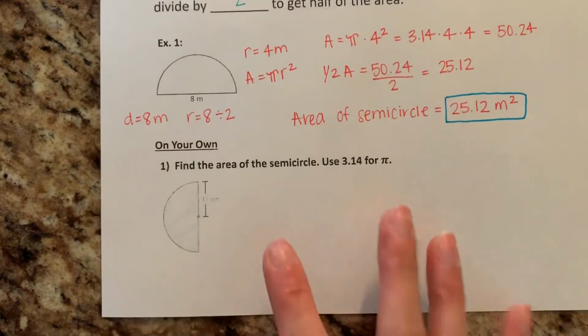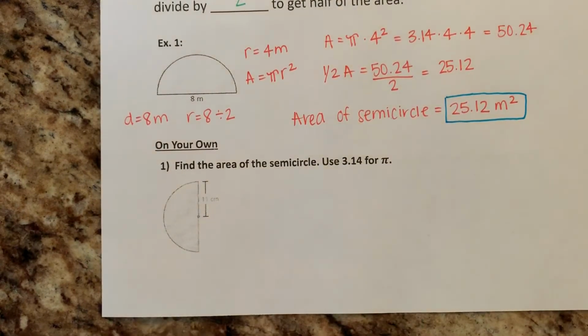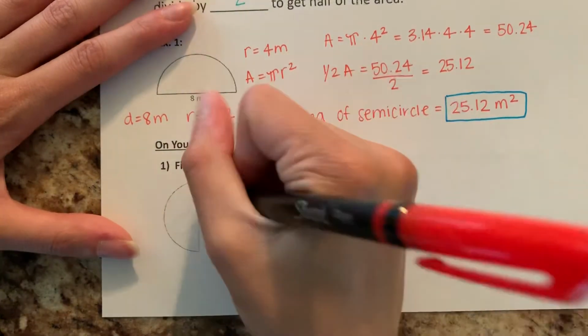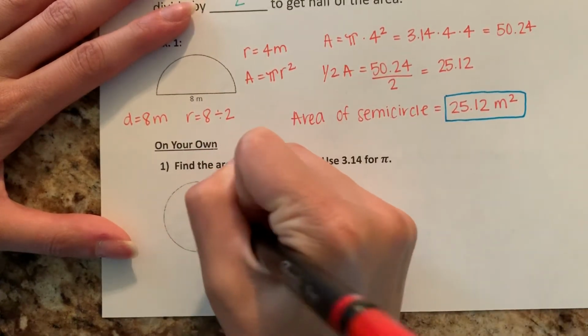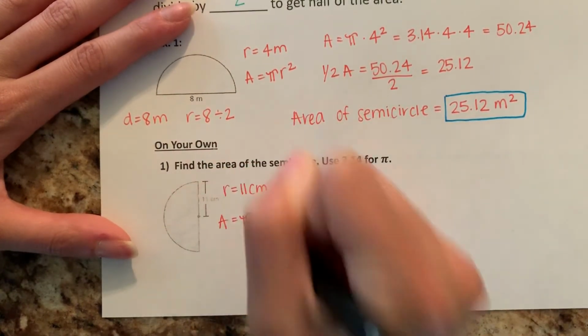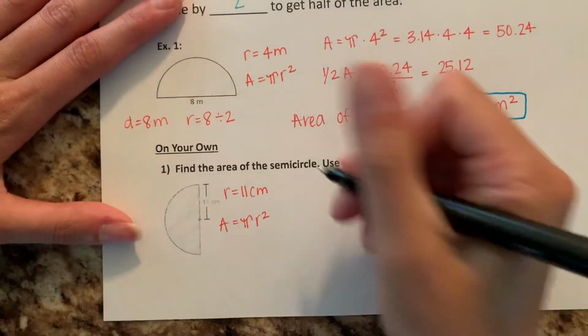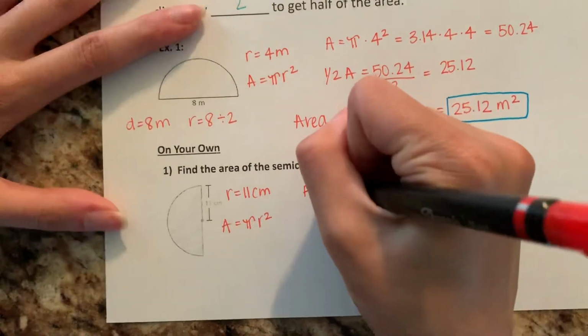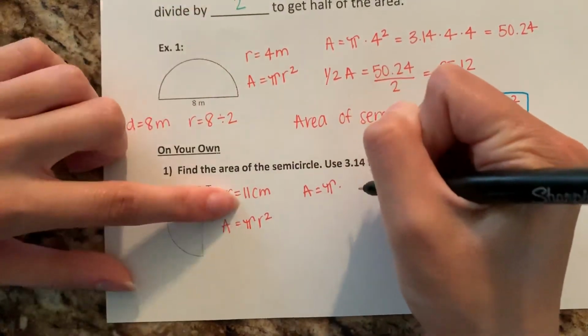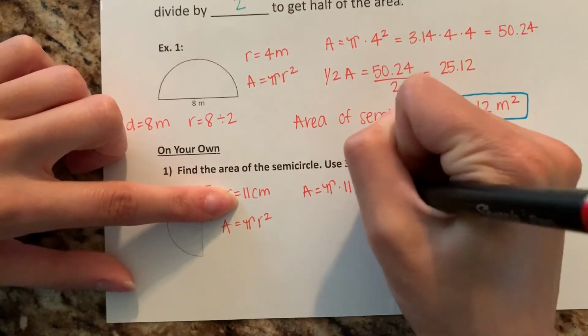Okay, same thing for the next one, except this time they give us radius. So we want to find the area of the semicircle, which means, first of all, our radius is 11 centimeters. Remember our area formula, pi times the radius squared. So first we'll find the area of a full circle, pi times our radius 11 squared.